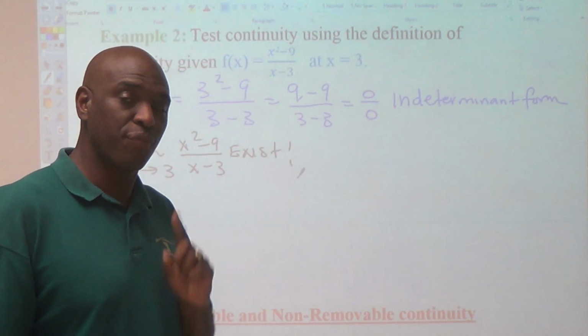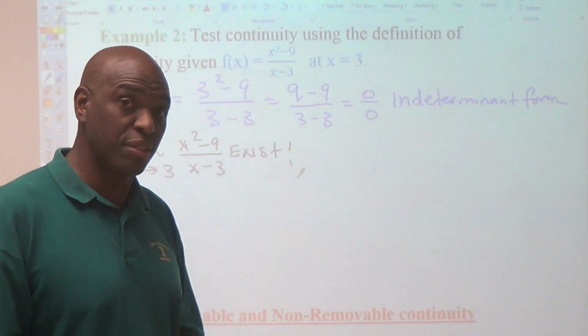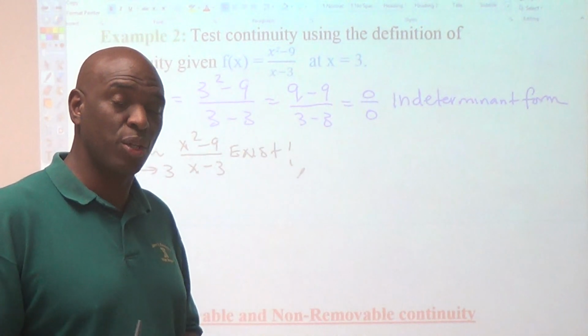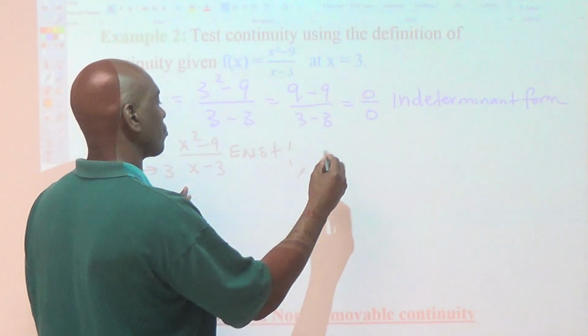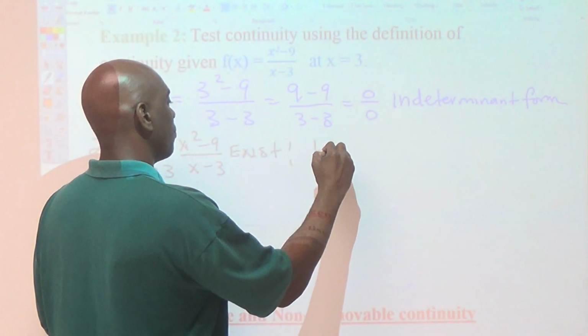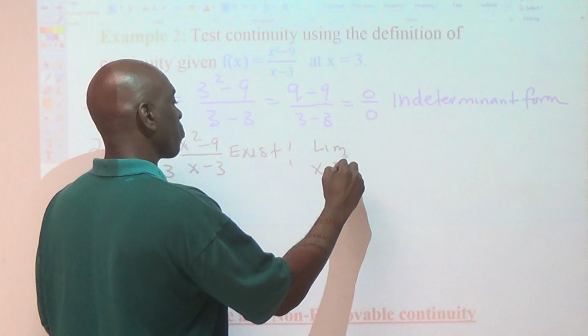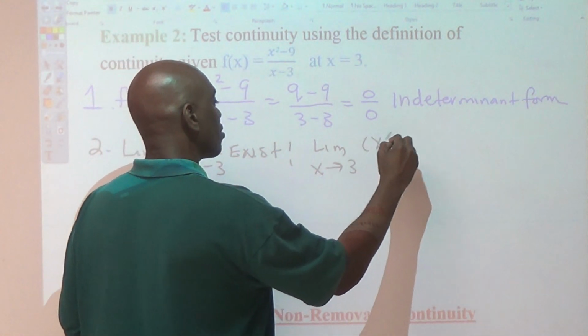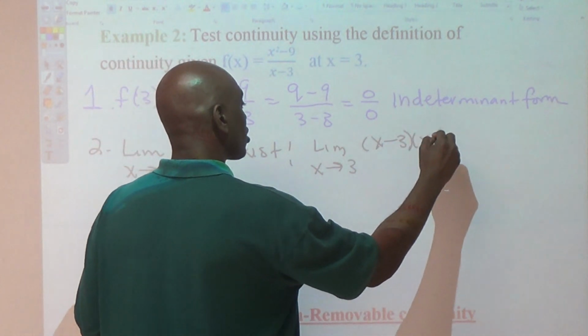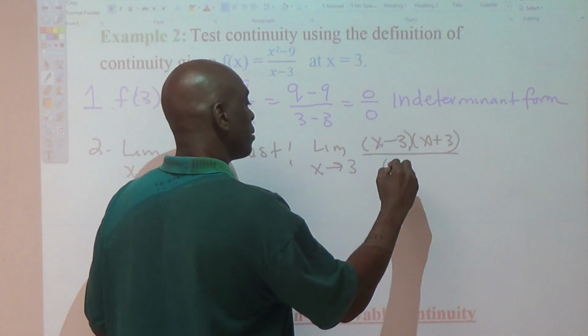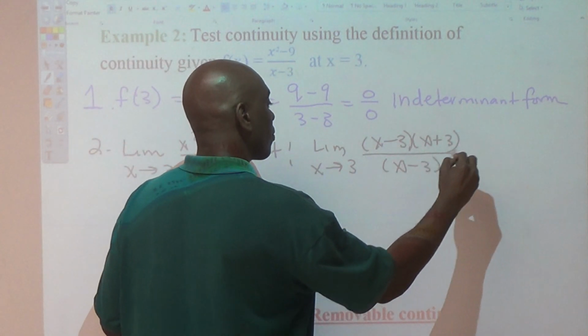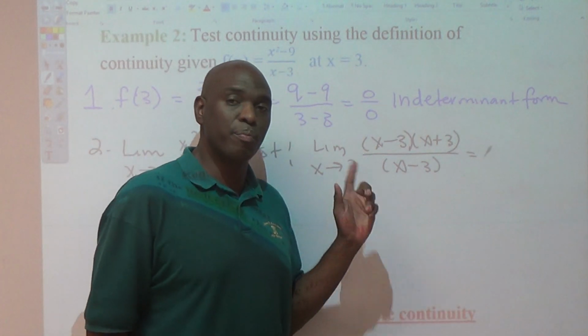So let's re-express the function using the cancellation or the factoring technique that we talked about in our last lesson. It has to be rewritten as the limit as x approaches 3 of x minus 3 times x plus 3 divided by x minus 3. And then we can begin to cancel.